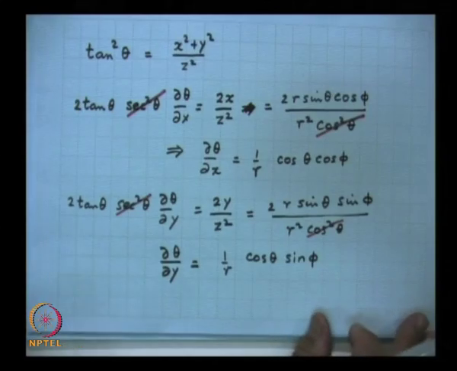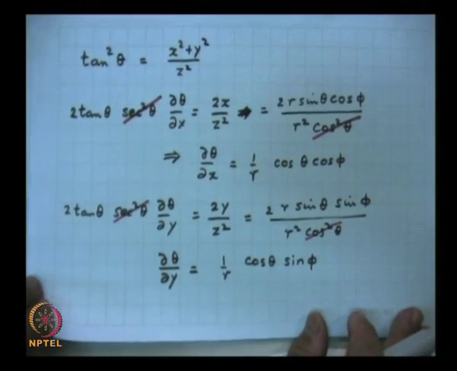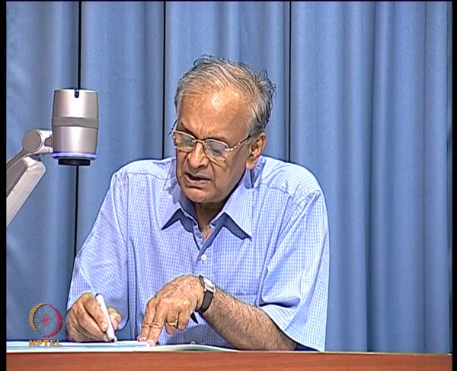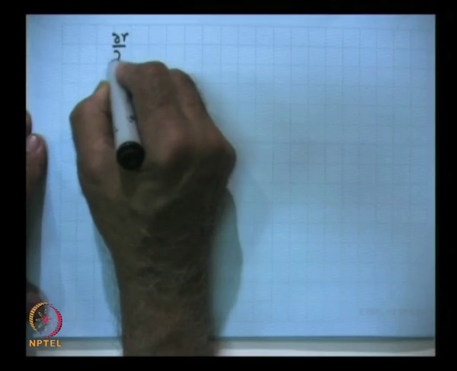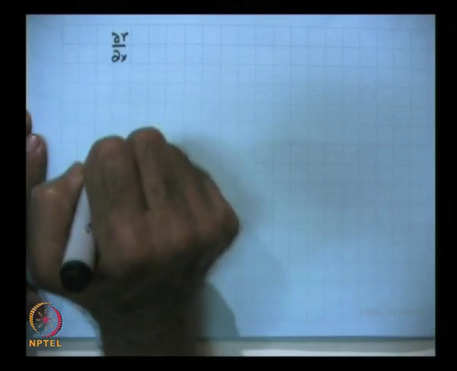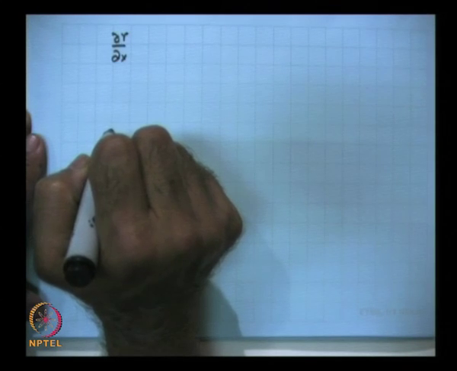Before we proceed further, let me warn you a little bit about partial differentiation. Suppose I want to calculate delta r by delta x, then y and z are to remain constant.